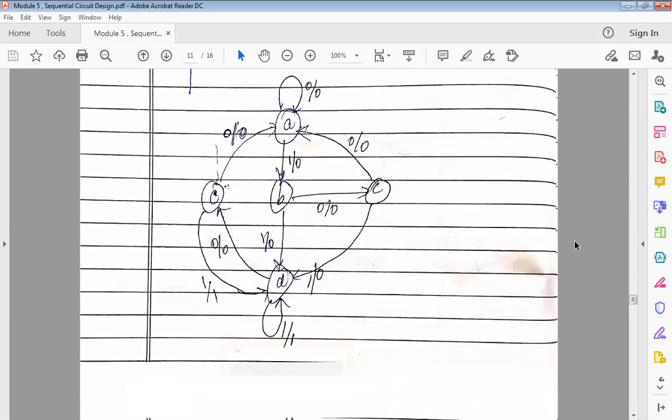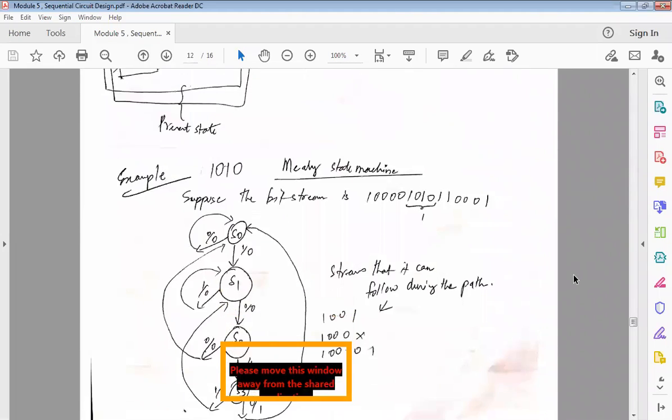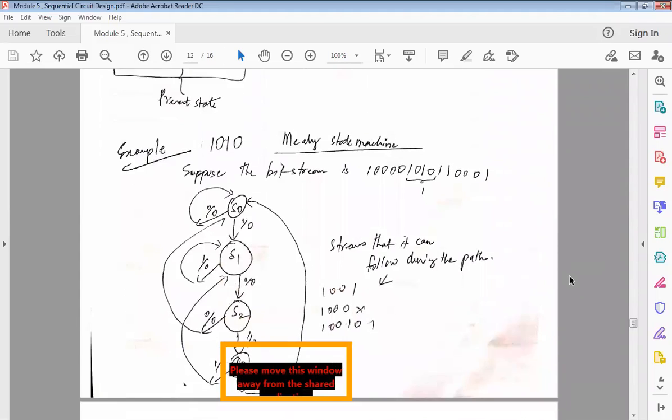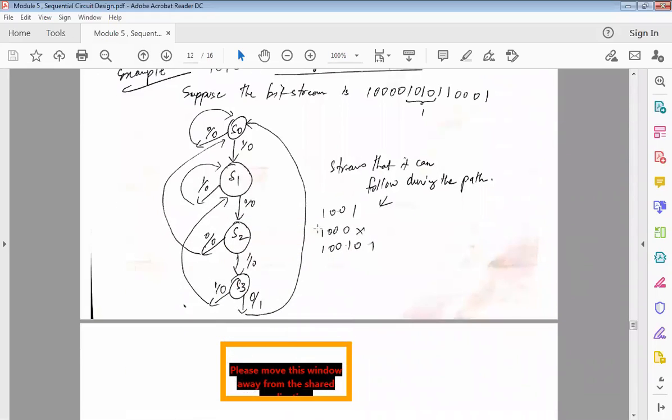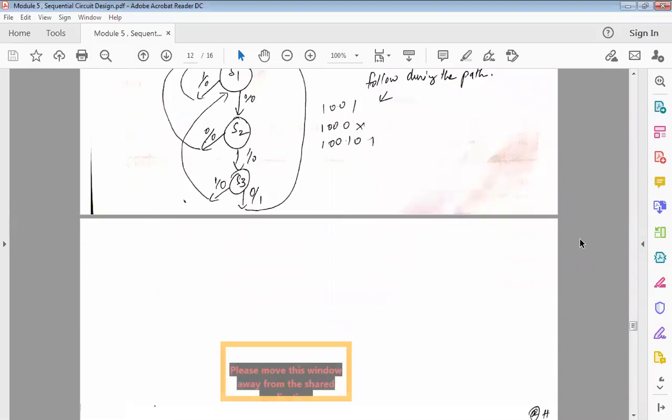Okay. So I think we will end our class here, and we will discuss in the next class the upcoming concept, a very important concept, which is the sequence detector. For sure you will have a problem like this. We'll have to draw a graph like this, and for a bit stream, we will have to find out if we are able to recognize a pattern and things like that.